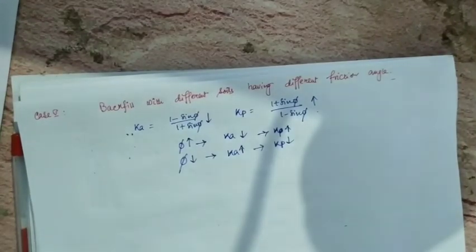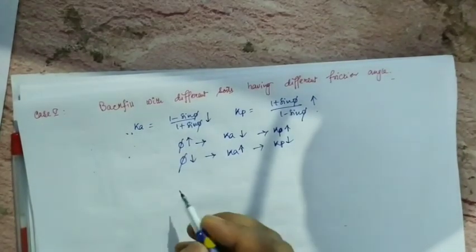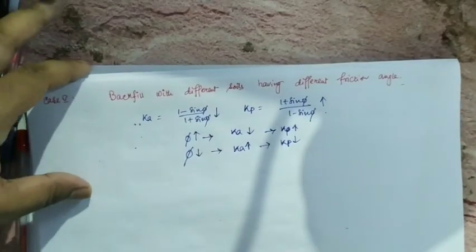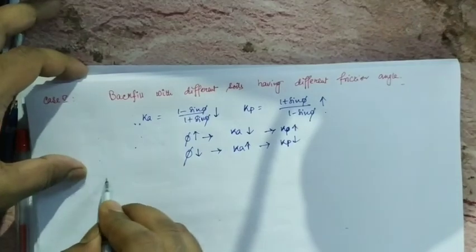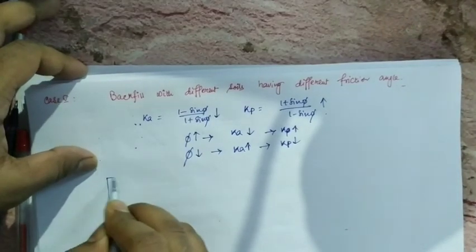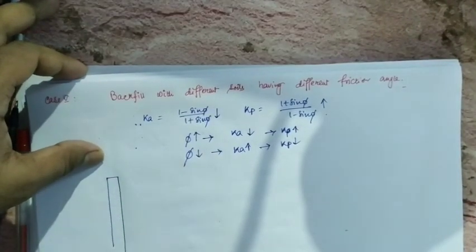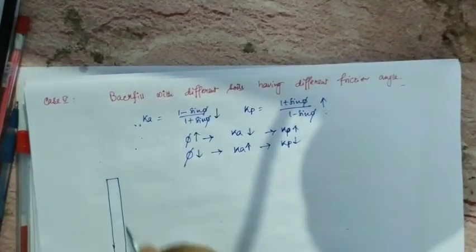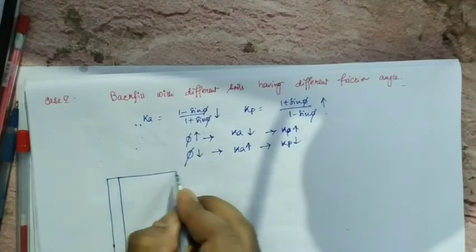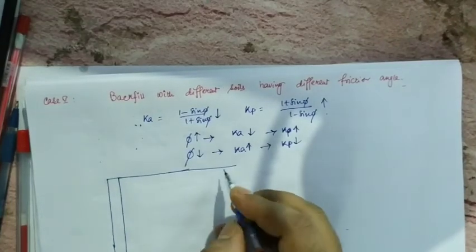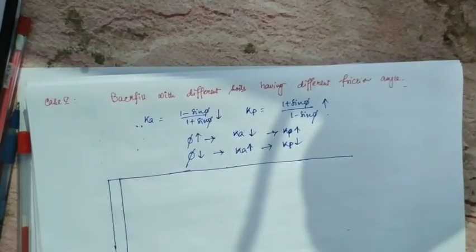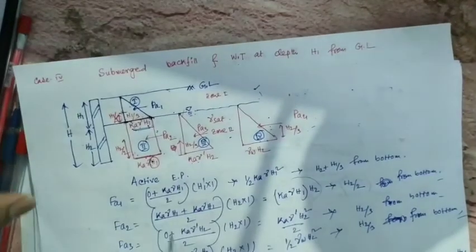So now look, suppose I am taking a soil behind a retaining wall. I have shown here only active earth pressure.